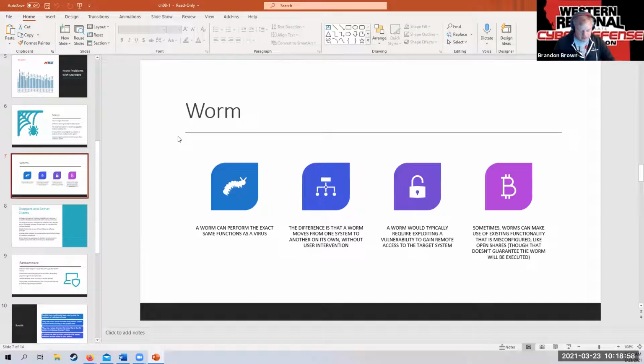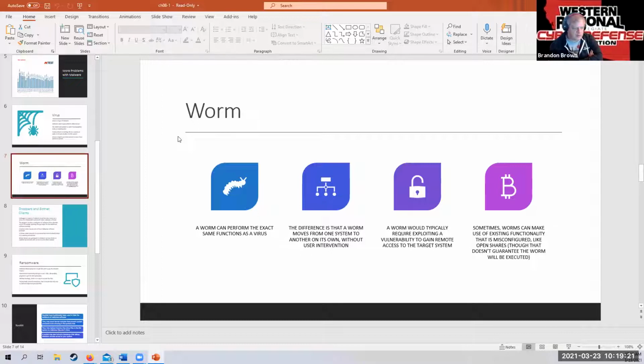It's more automated. And it typically requires some sort of exploit to initially infect the system, whether that exploit is an open port or a service that just allows for open communication. Think server message block, network file storage.